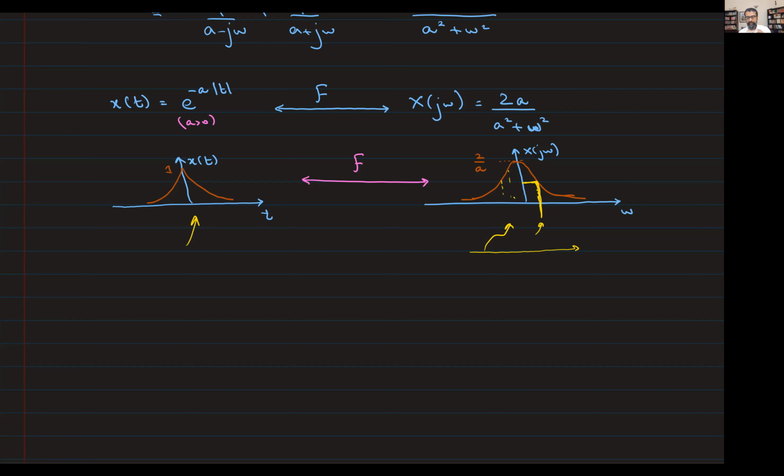And as you can see over here, the high frequency components are weighted more as compared to the lower frequency components. Now we can see what happens as I change A.